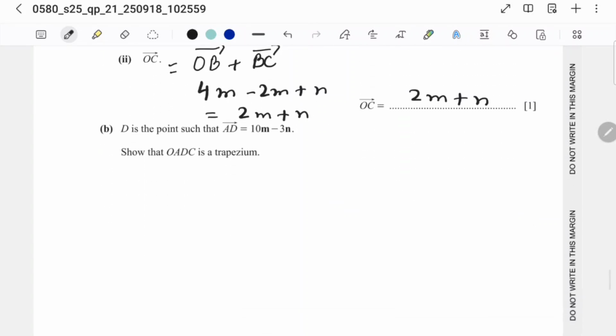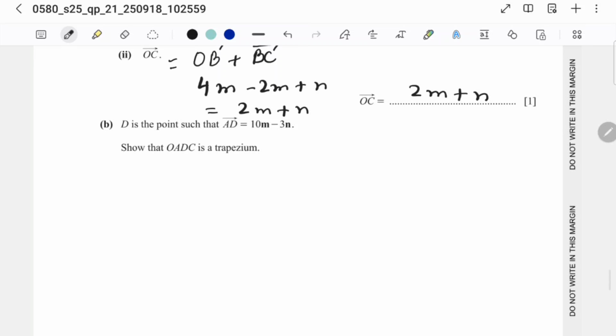Now we are coming to the next one. D is a point such that AD is equal to 10m minus 3n. So D is somewhere, a point. Okay, show that OADC is a trapezium. So this is, for example, OA, and somewhere, anywhere, D is there, and it's a trapezium. OA, and they told us about AD.